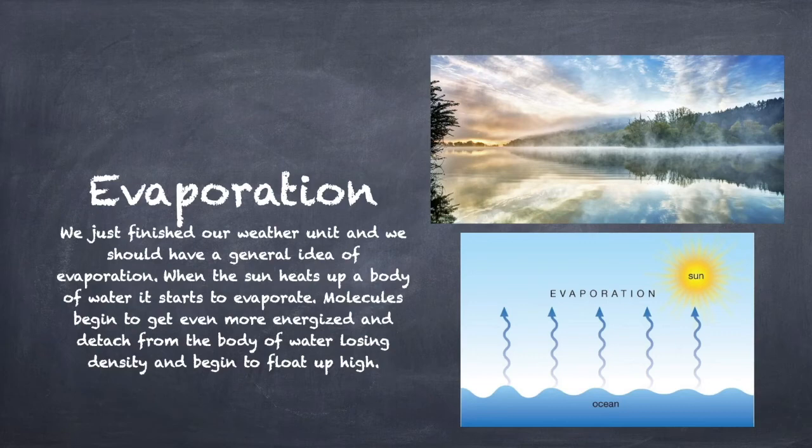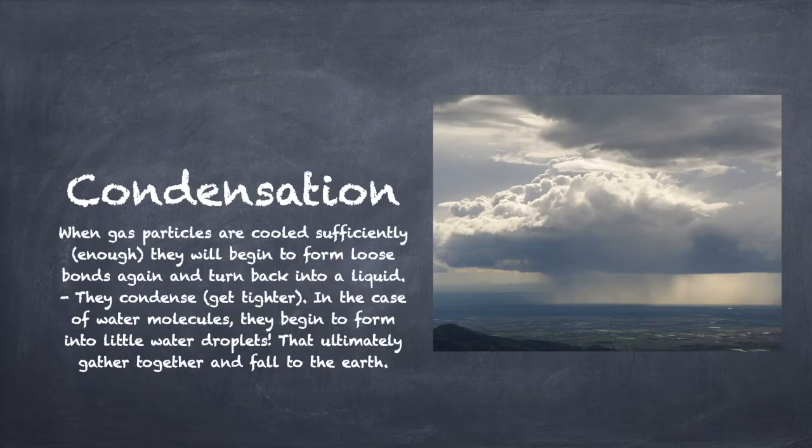Now, on the other end, when that energy is taken away as it goes up in the sky, right? We learned that as you gain altitude, it gets cooler, right? That's why mountains often have snow on the top. So as you go up into this cloud way above the earth, the vapor starts to cool down, and as it cools down, it starts to condense back into a liquid, right?